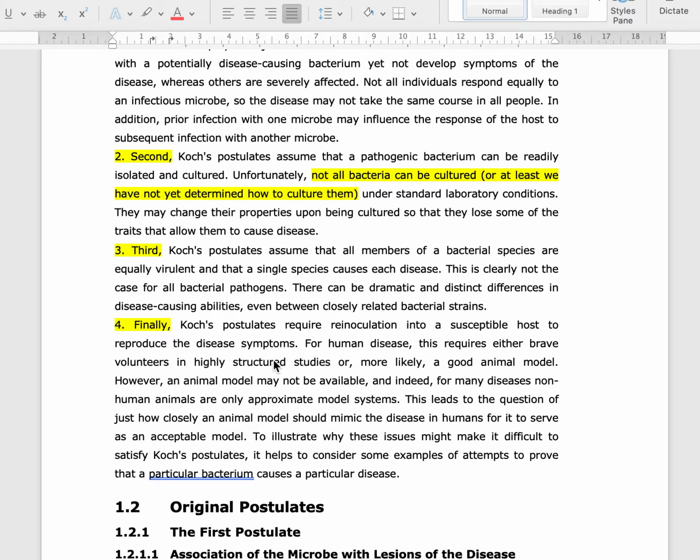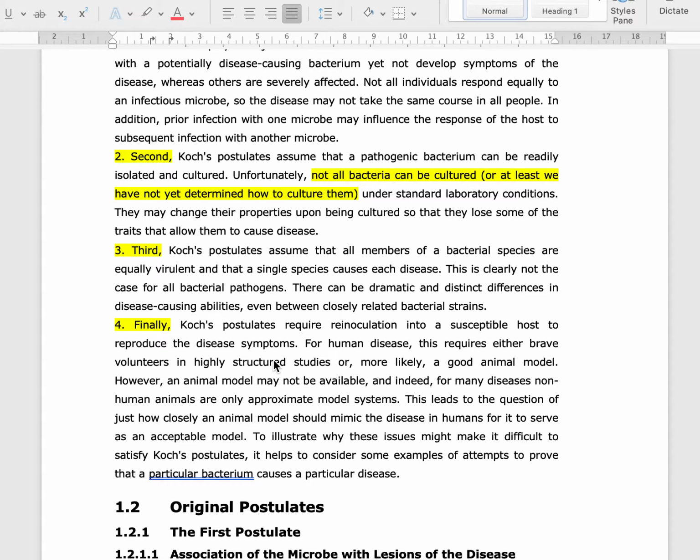Why? Because there are ethical issues here. Take a human disease, for example. If we want to satisfy this fourth Koch's postulate, we have to inoculate the isolated pathogen into a human. That is unethical, right?